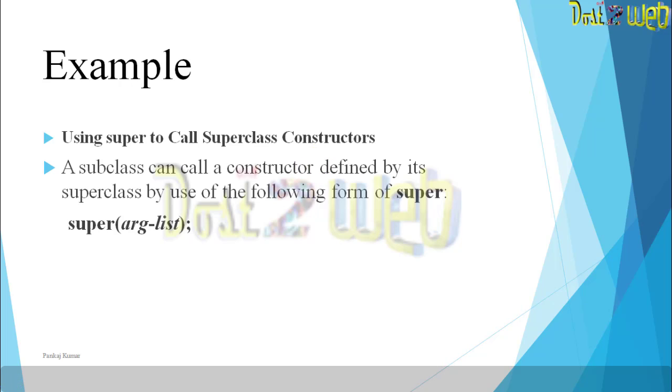How do you access that? You use the syntax super, the argument list, and a semicolon. Whatever arguments you have, you write them down here. We have to see this with one example program.